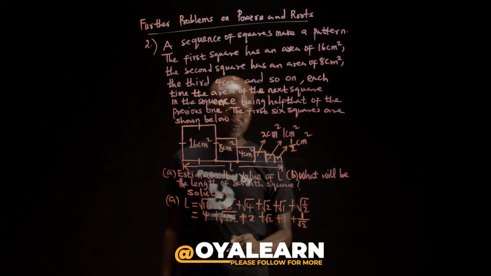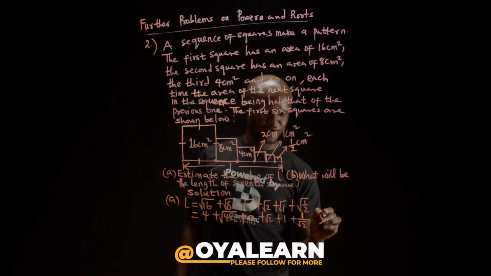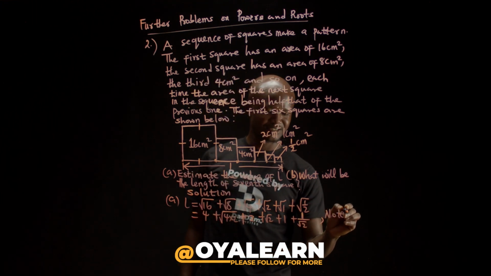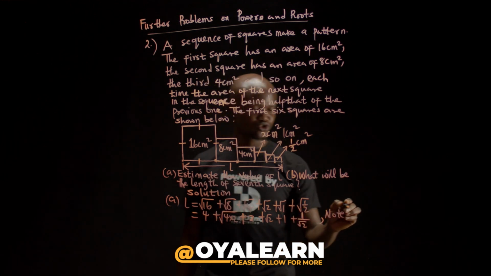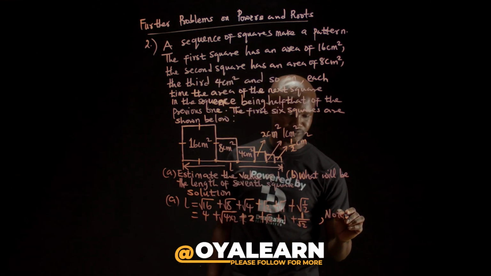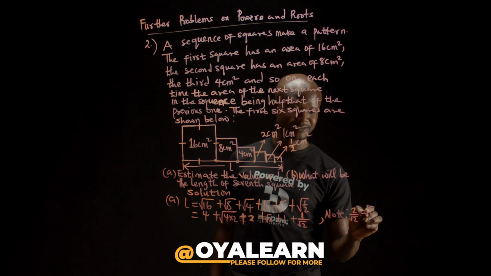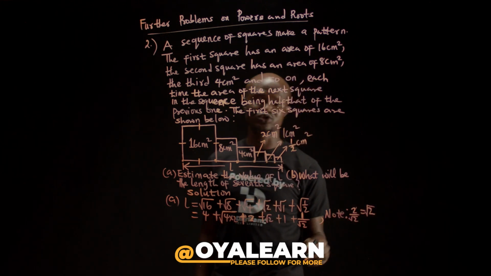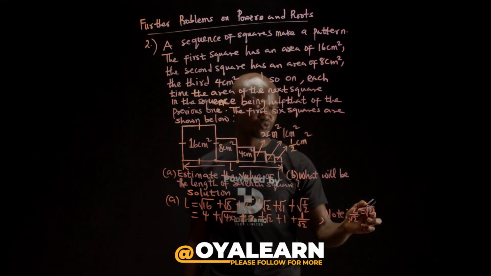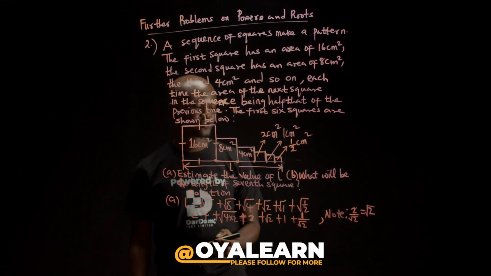And now, note that 2 divided by root 2 will also give you root 2, because root 2 times root 2 will give us 2.